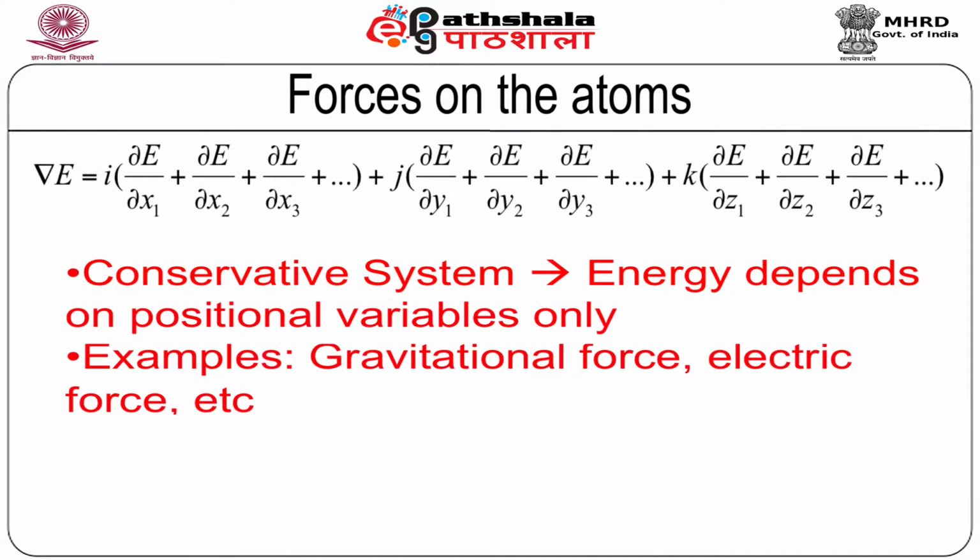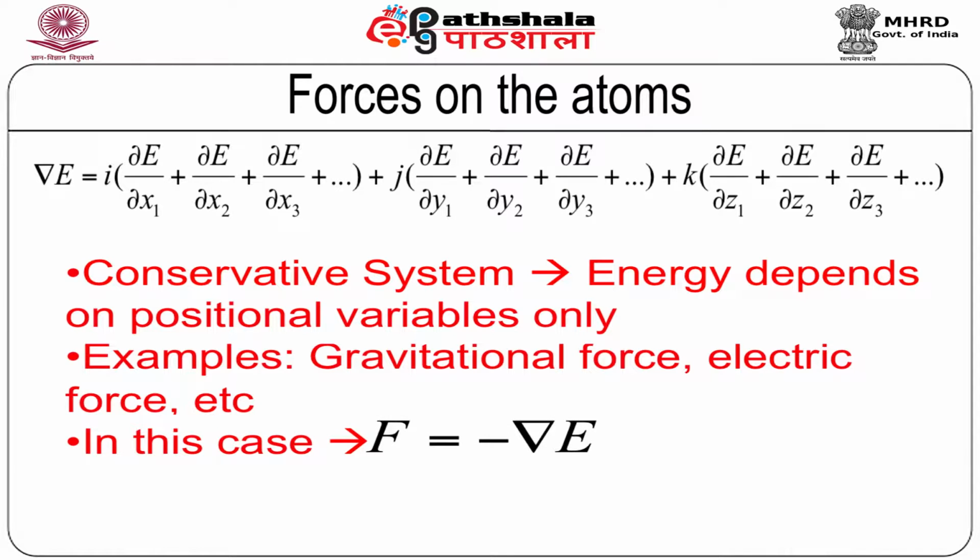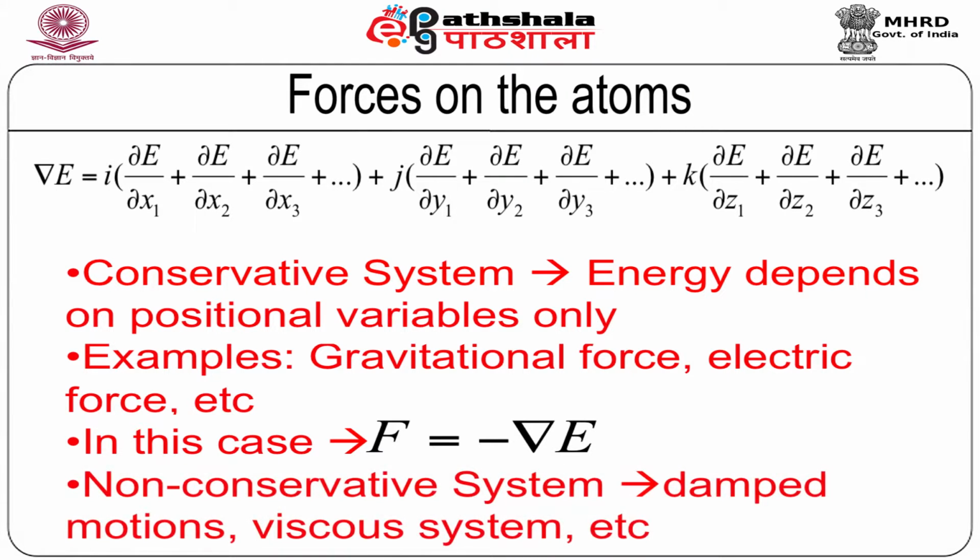Examples of conservative systems are gravitational force, electric force, etc. And in these cases, the derivative of energy with respect to the positional coordinates gives us the force. There are obviously non-conservative systems also in biological situations, or in the living cell, such as damped motion, viscosity effect, etc.